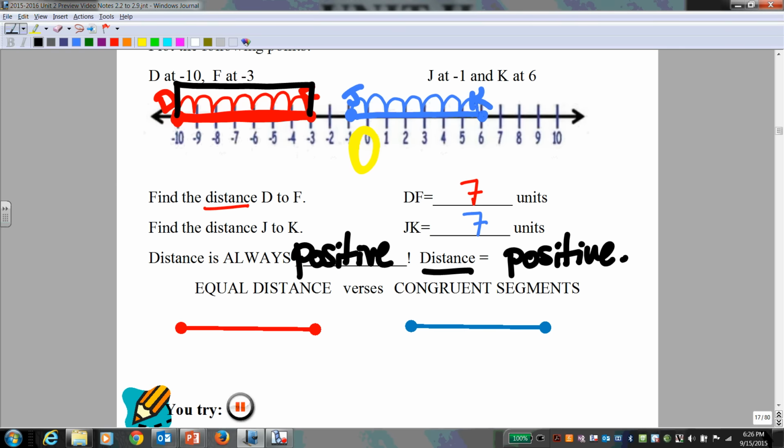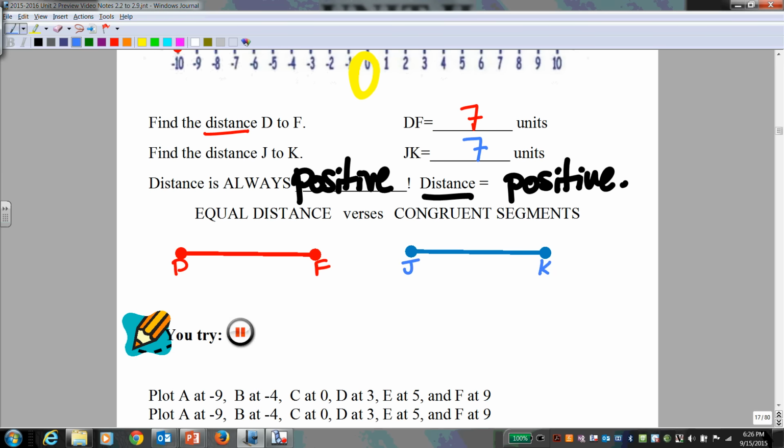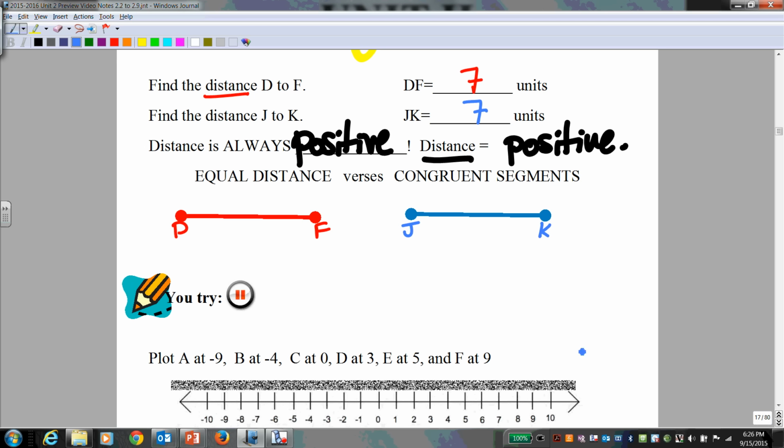So let me talk briefly about some notations in math and geometry. So here we have this segment, DF, and this segment, JK. Now, if I want to say the distance of DF is 7 units and the distance of JK is 7 units, you use this notation.